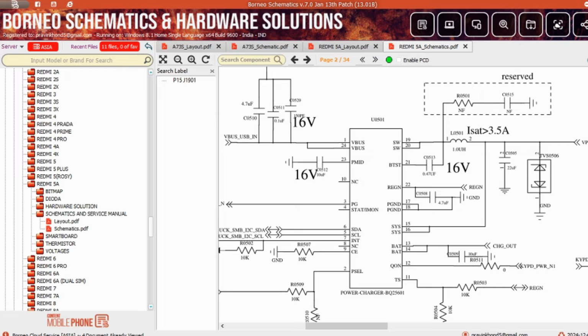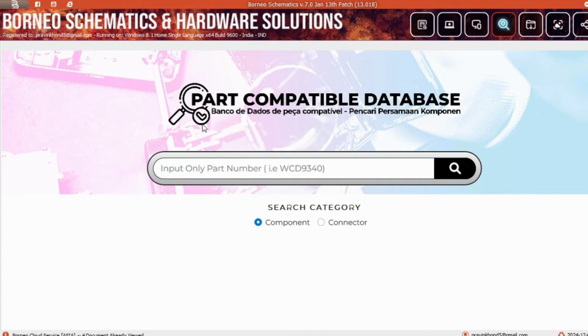Right now, I have already opened the Borneo. First, we go to the PCD section. Why? I will tell you. Now you can see here in this section, part compatible database.